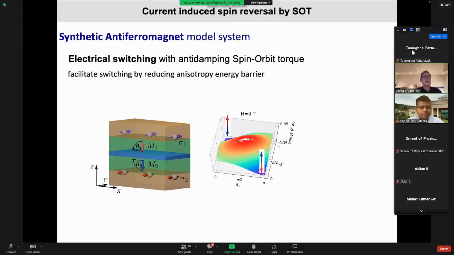The response can in principle originate from the anomalous Hall effect, or from an anisotropic magnetoresistance effect, or even from a giant magnetoresistance effect if there is some spin-conserving transport through such an interface, like a GMR, right?